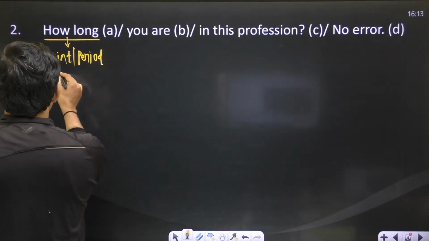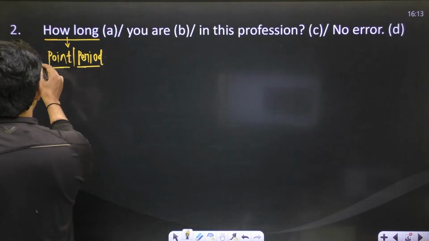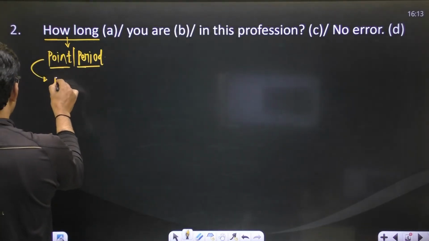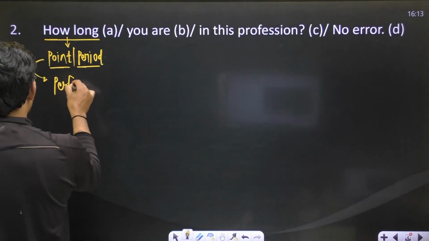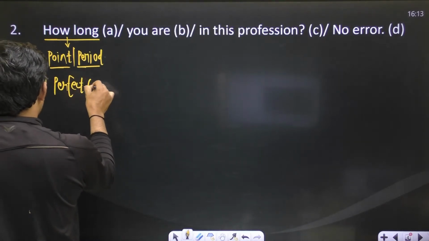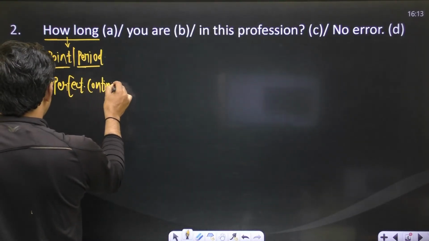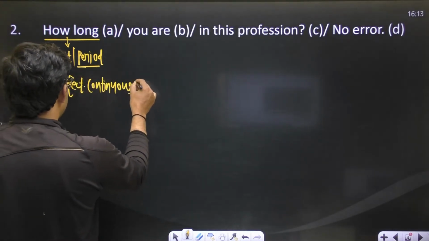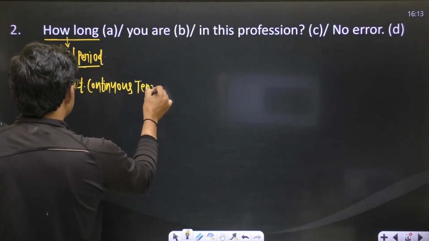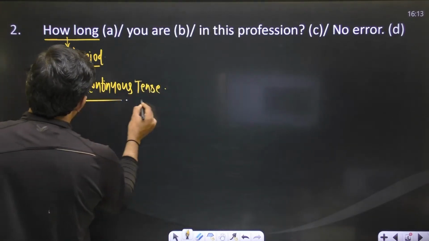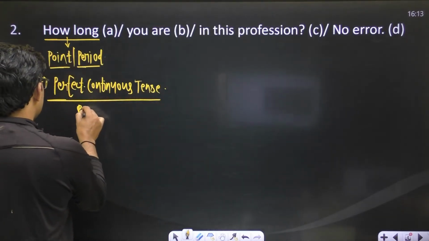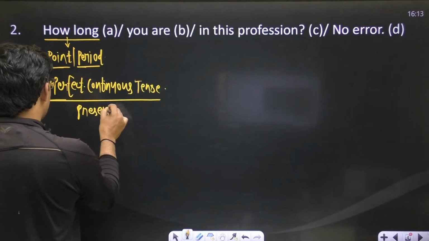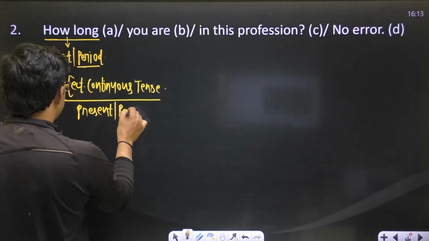Whenever we talk about a point or period, we always use the perfect continuous tense, and this perfect continuous will be either present or past perfect continuous.